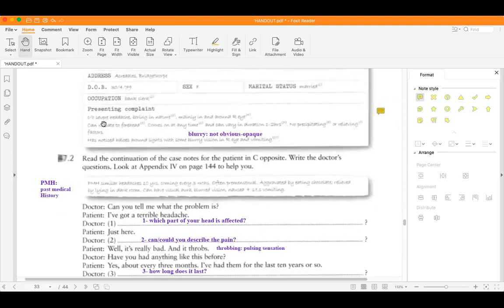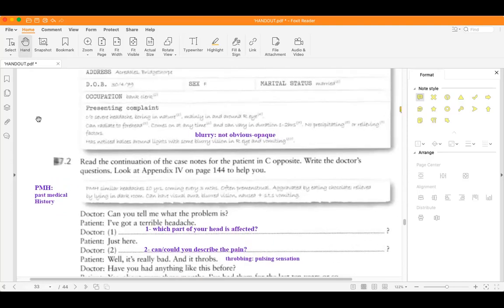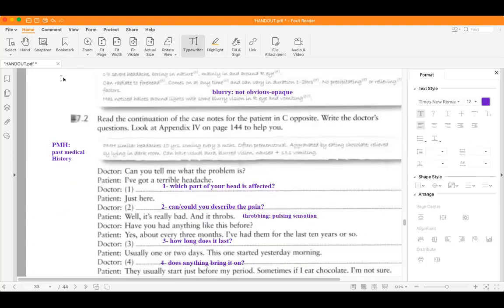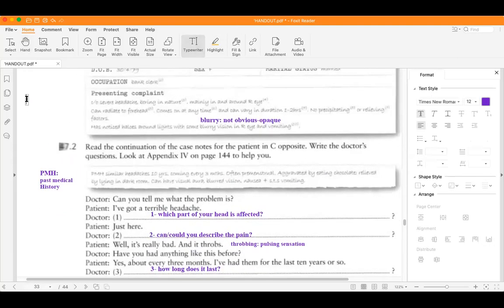C/O is the abbreviation of complain of, or complains of.